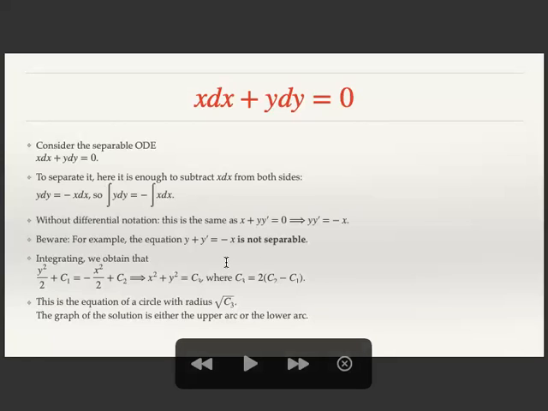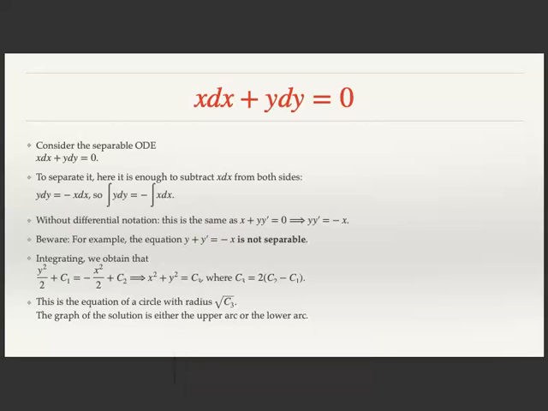Here I wanted to make this observation. For example, let's consider this equation: y plus y prime is equal to minus x. Even though it looks like this equation should be separable because we have all the terms involving y on one side and all the terms involving x on the other side, it's not separable.